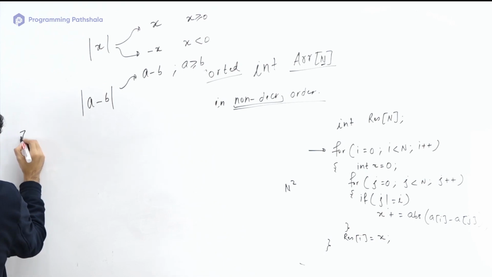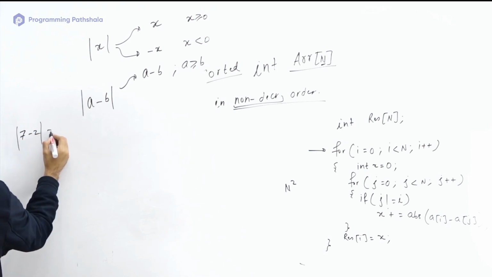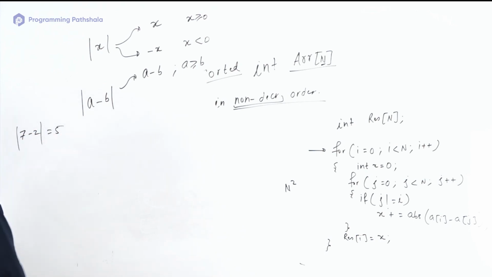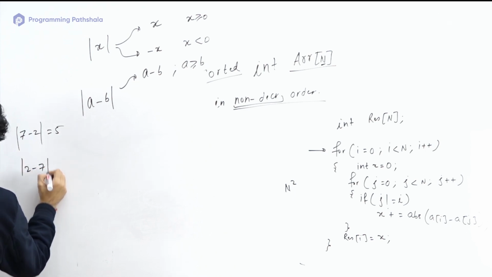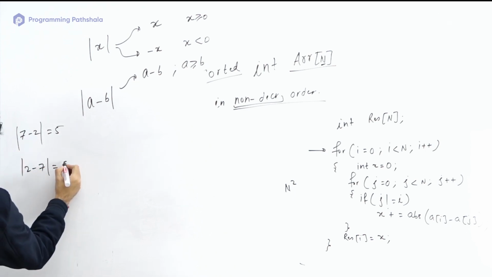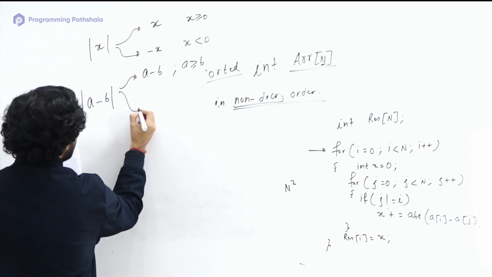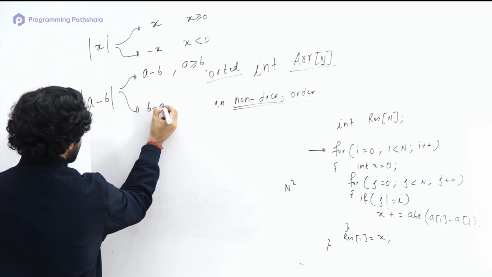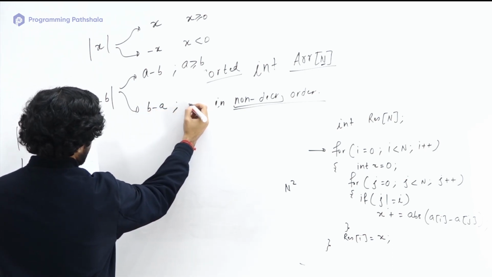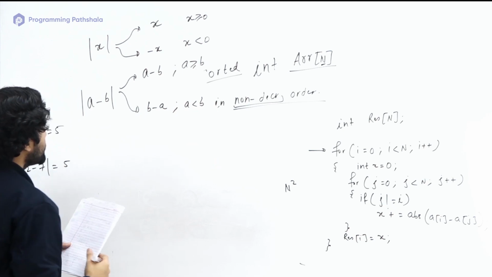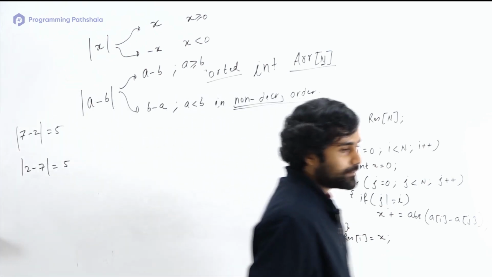If you have 7 minus 2, it is going to be 5 only. But if you have something like 2 minus 7, it is going to be 5 again, and this 5 is the negative of this value because this value is minus 5. So mod of a minus b is equal to b minus a if a is smaller than b. These are just simple mathematical expressions.